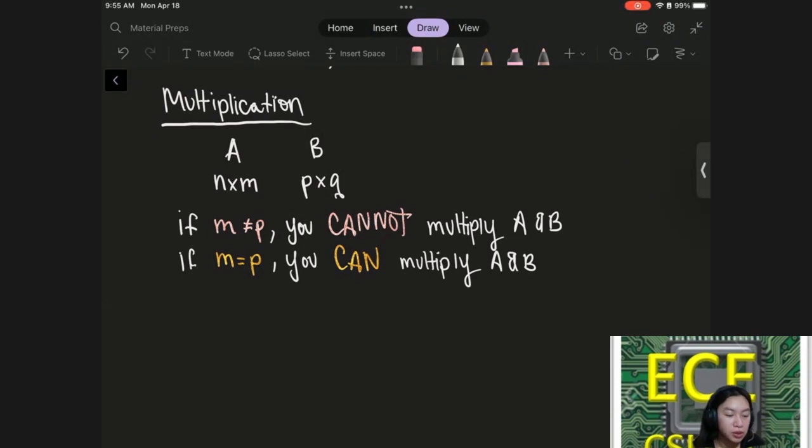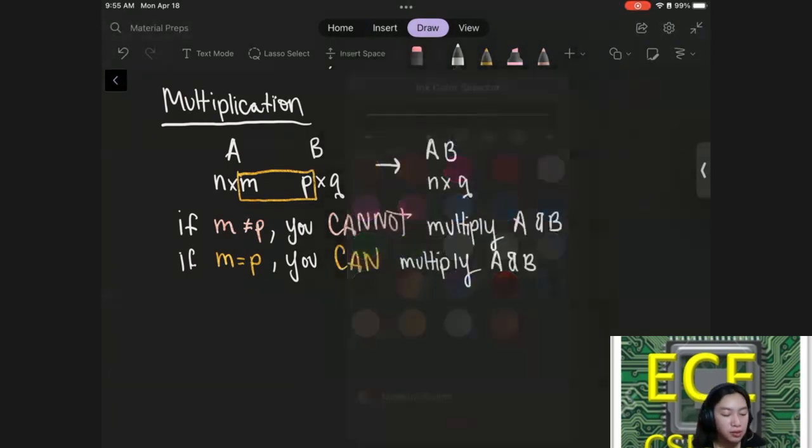And so, in other words, the inner dimensions have to be equal. And then, once you determine that they're equal, you know that AB will be an n by q matrix. And so that's how it works.